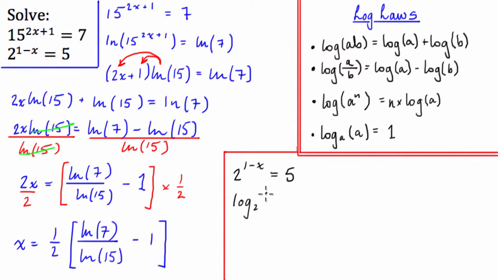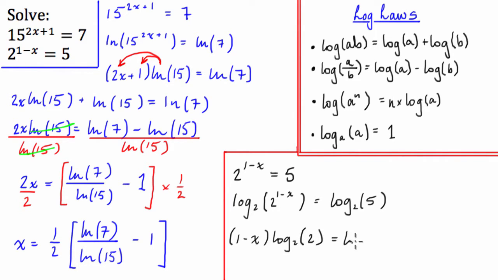So log to the base 2 of 2 to the 1 minus x equals log to the base 2 of 5. Like we did in this one, we can bring the power down the front. And we have 1 take x, log to the base 2 of 2, equals log to the base 2 of 5.